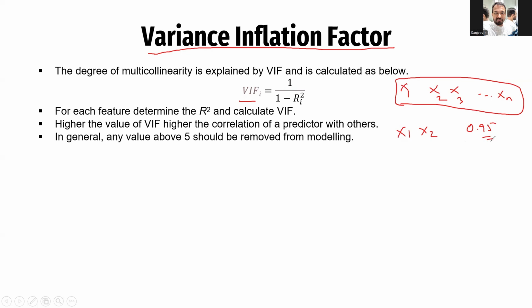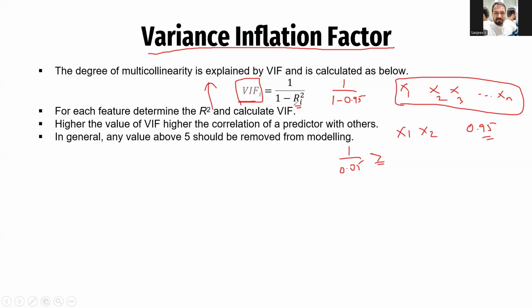Now, what would happen if I have a 0.95 correlation and I keep it in R square? So 1 minus 0.95, and then this would become 1 minus 0.05. So this would become a very big number. So indirectly, if there is a correlation, your VIF score will be very high. This will go to the extreme level.